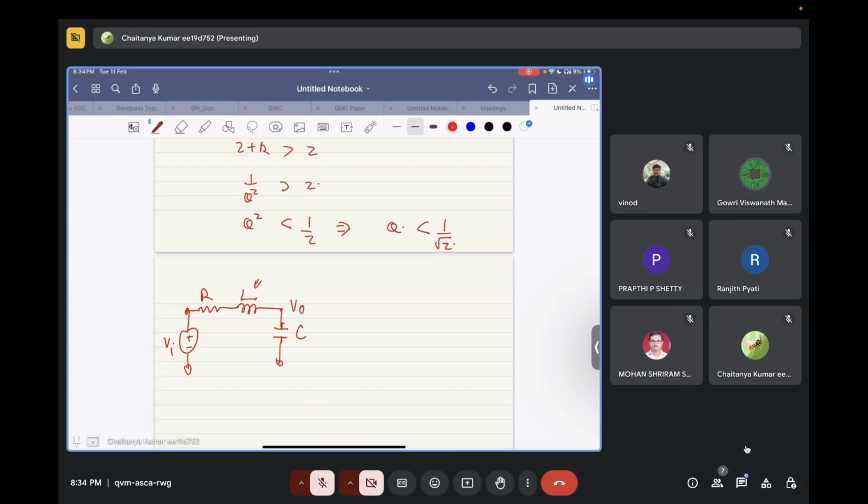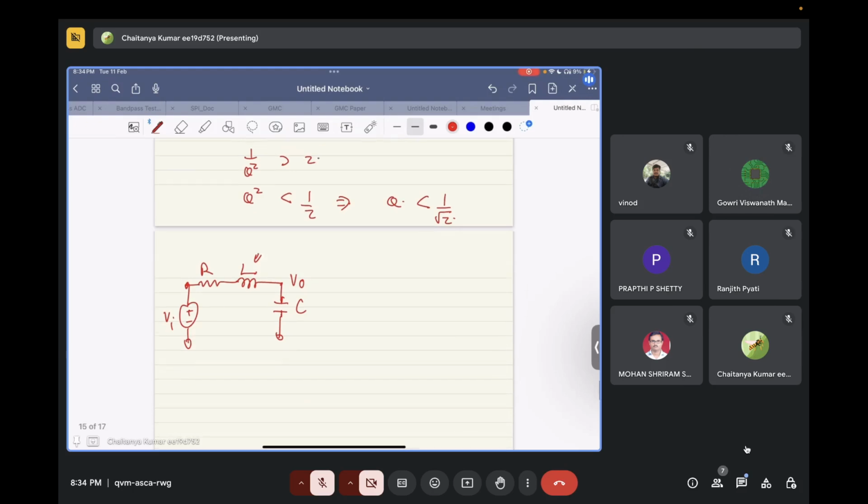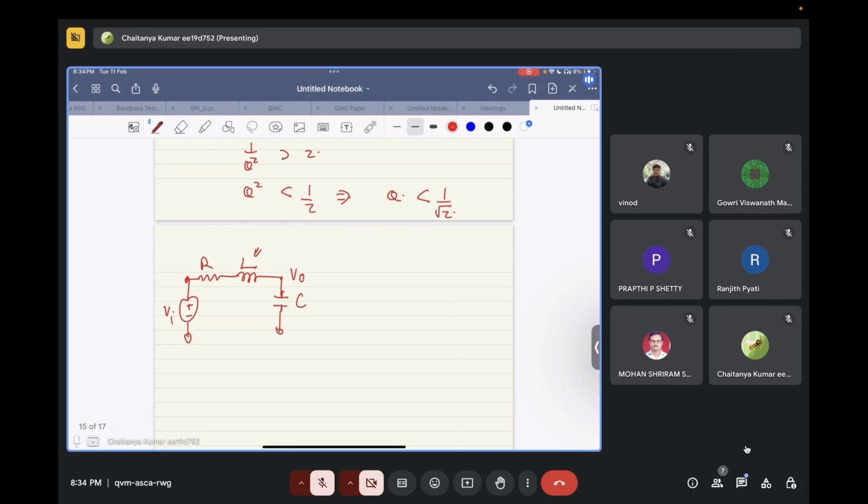Because L will be a short circuit and the capacitor will be an open circuit. So at very low frequencies, the gain is equal to 1. Now, at very high frequencies, what will be the gain? 0. So it satisfies the low pass transfer function characteristic.